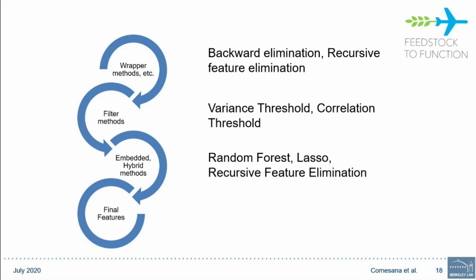From there, we plotted the number of features versus the performance of our model. We plotted how the performance changed as we added lower and lower ranked features from that recursive feature elimination into our feature set, as well as lower ranked features from the random forest.